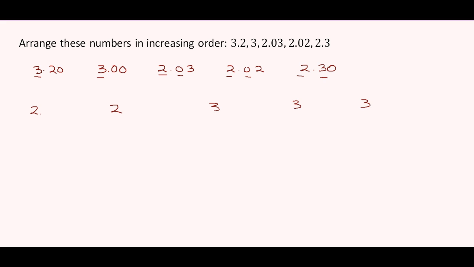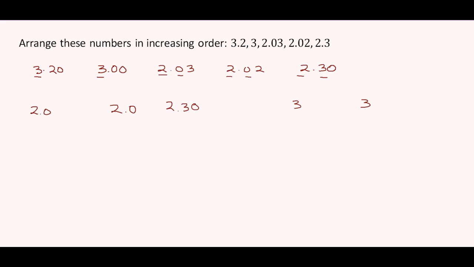Actually, there's an error here. This should be a 2. The 3 numbers with 2 as the first digit. So we start with a 2 here. So we have 0.0, this is also 0.0, and then we have a 0.3.